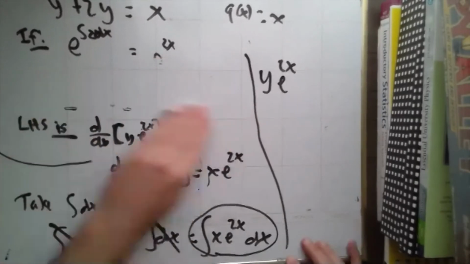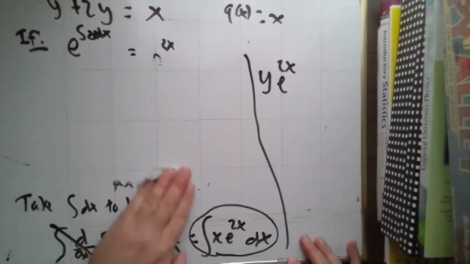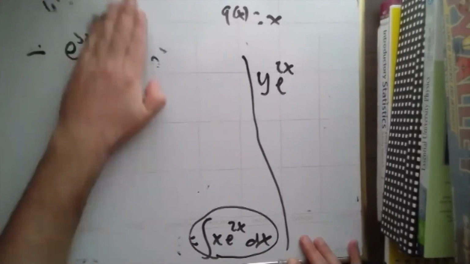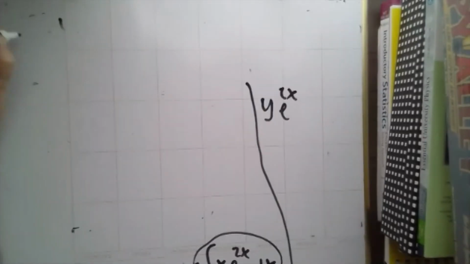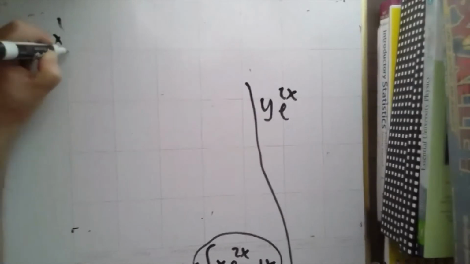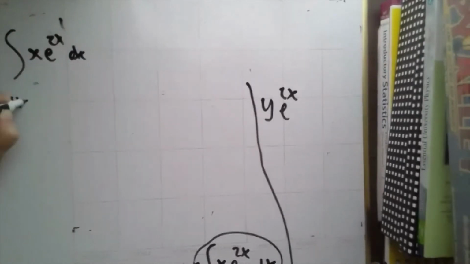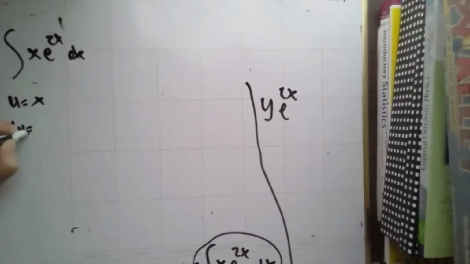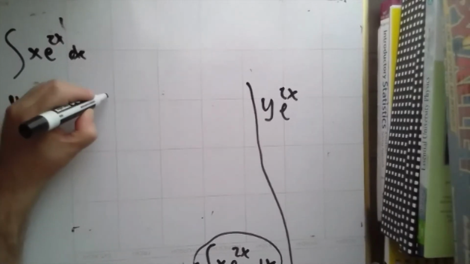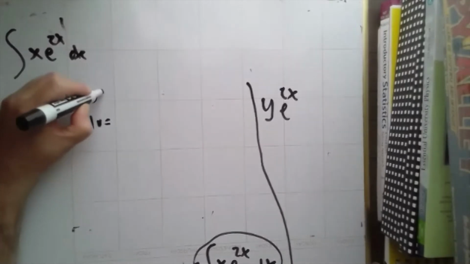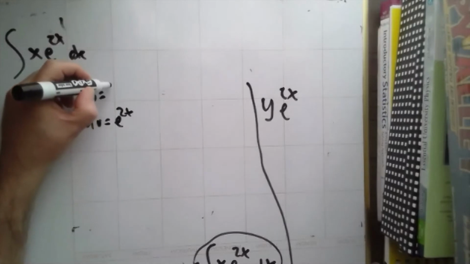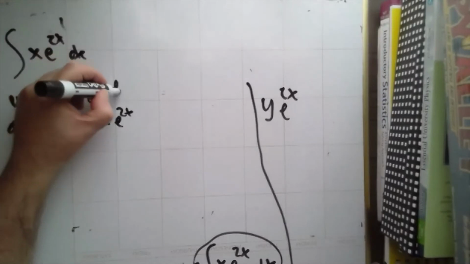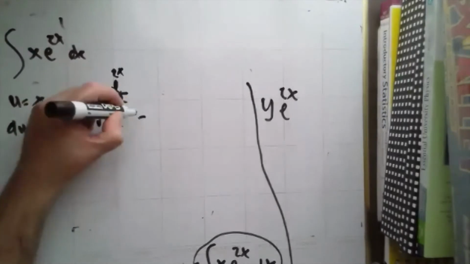So I need a little space here. I want to do the antiderivative. This is some side work: x e to the 2x dx. So I'm going to let u be x, du will be dx, and dv will be e to the 2x, v, taking the antiderivative, is e to the 2x over 2.